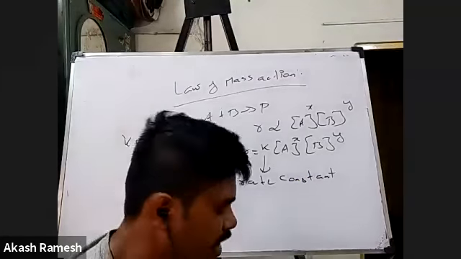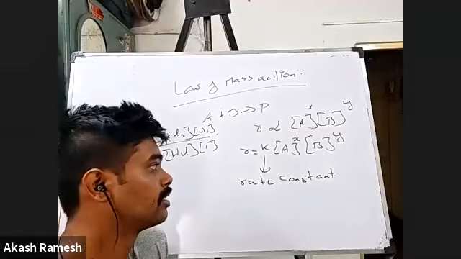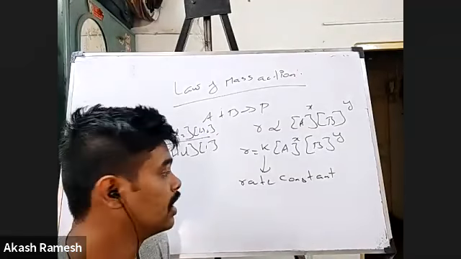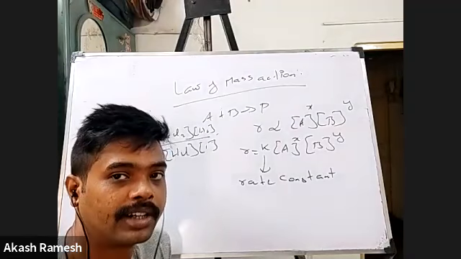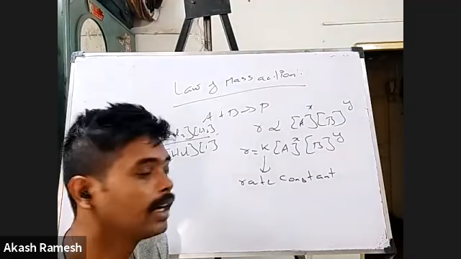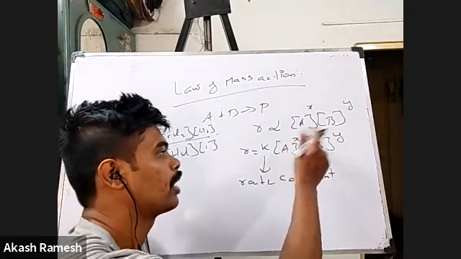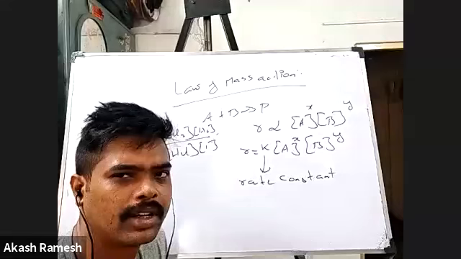This K, which I'm putting as the proportionality constant, is called my rate constant, and it's very, very important.